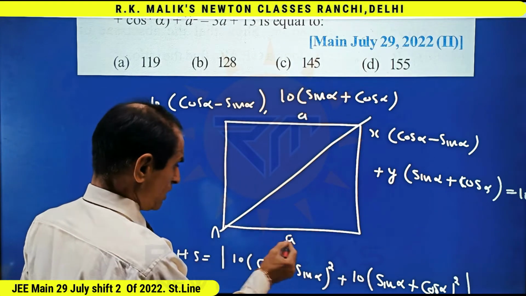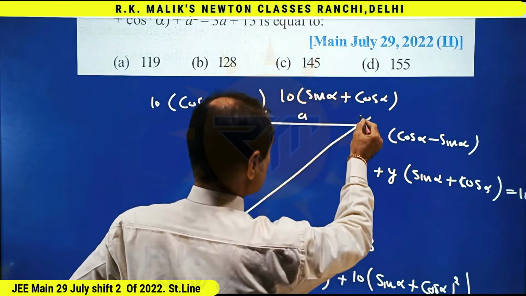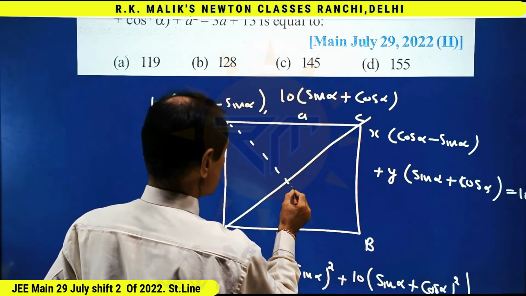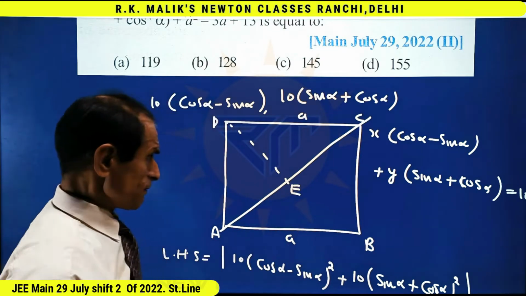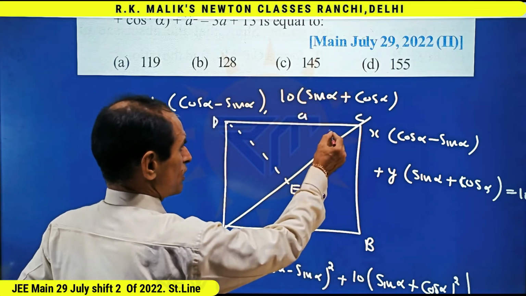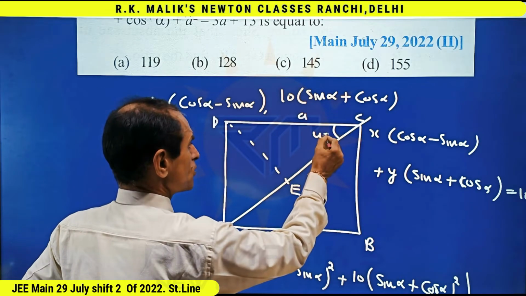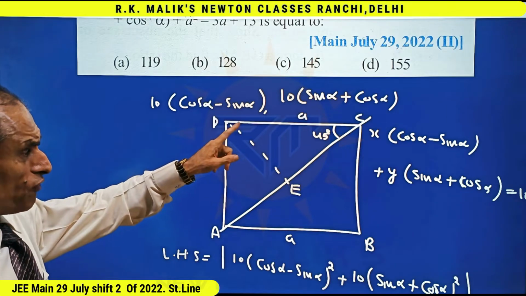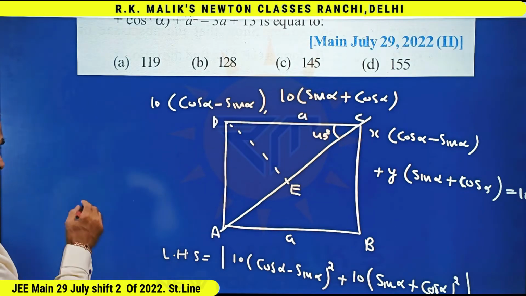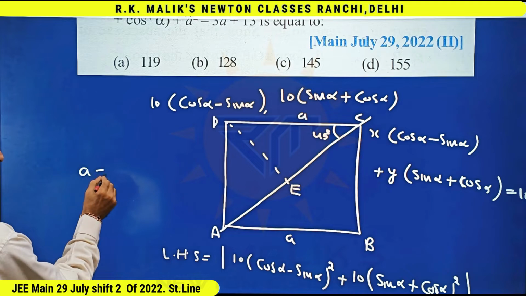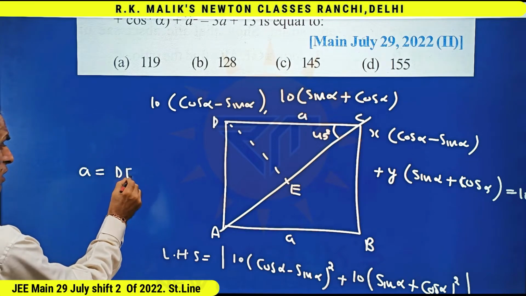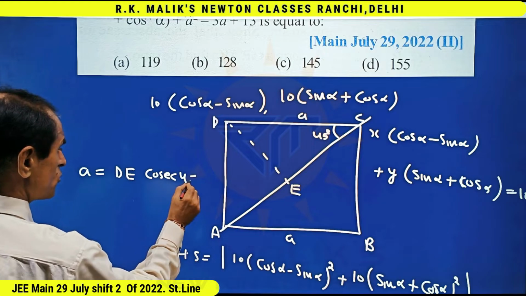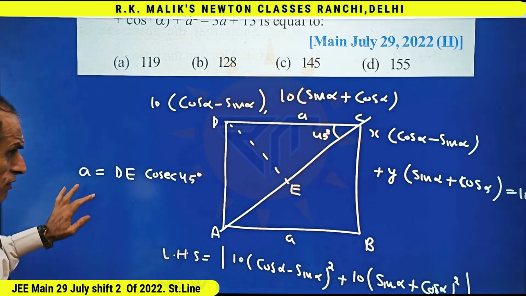Say this point is A, B, C, D, and I am drawing a perpendicular. Say this point is E. Clearly this angle will be 45 degrees. To find the value of a, it is clear that a equals DE cosecant 45 degree.